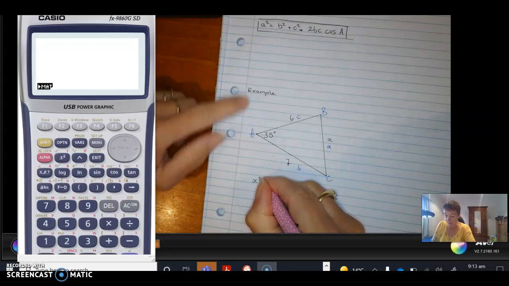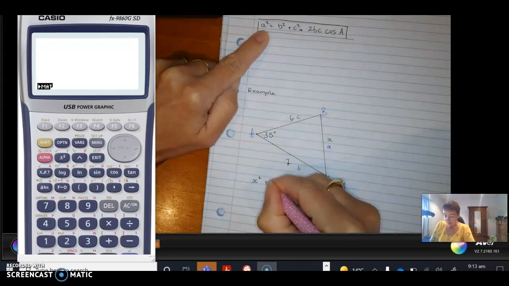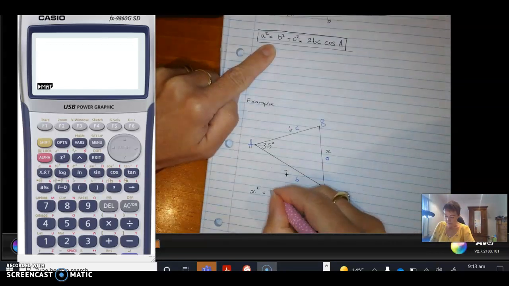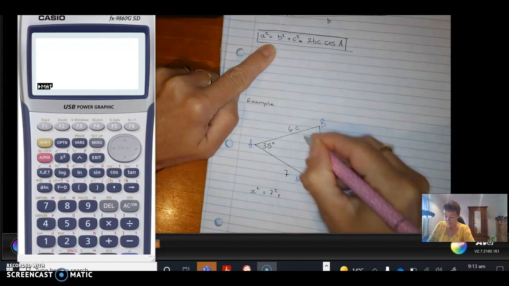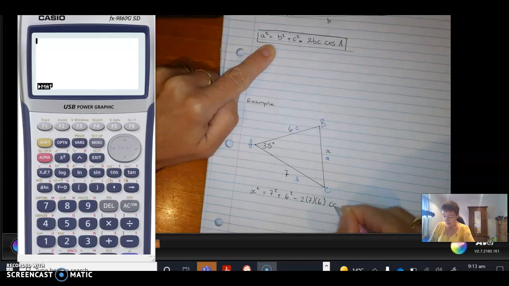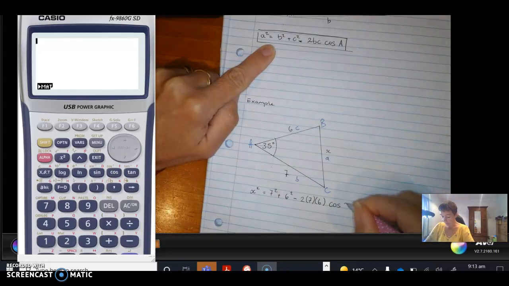So x squared, which is a squared, is equal to b squared, which is 7, plus c squared, which is 6, minus 2 times b times c times the cosine of angle A.